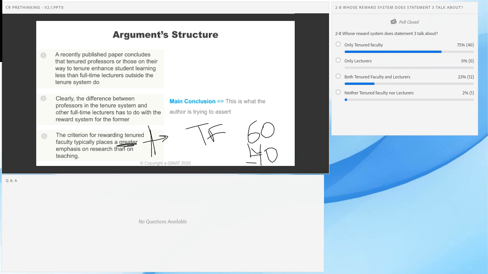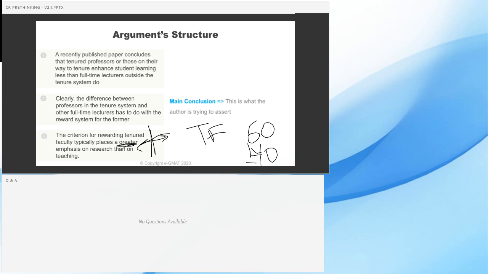We don't know anything about lecturers, but for tenured faculty, maybe it's 60-40, maybe it's 70-30 overall. This word greater means the comparison between research versus teaching. It has nothing to do with lecturers. Let me just bring in my poll question, my short answer part here. Is that aspect clear?